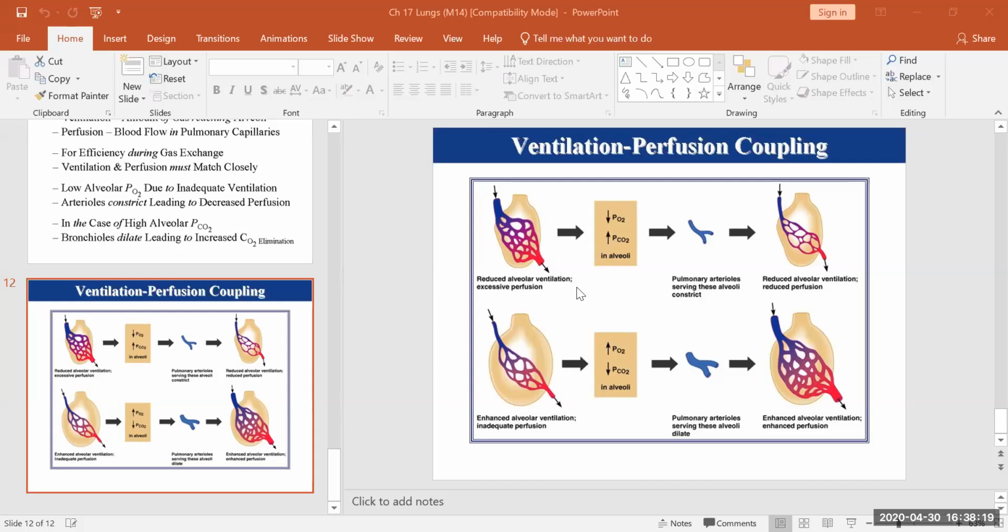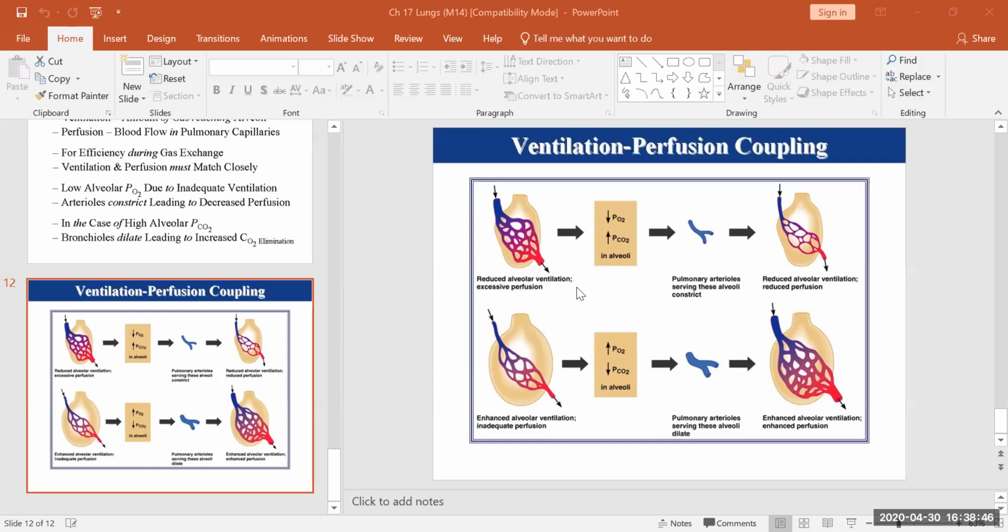If there's not much air in that alveolus, the entire capillary bed surrounding that alveolus would be constricted, vasoconstriction, to decrease blood flow to that particular alveolus. And that blood will be diverted to other alveoli that have proper ventilation.